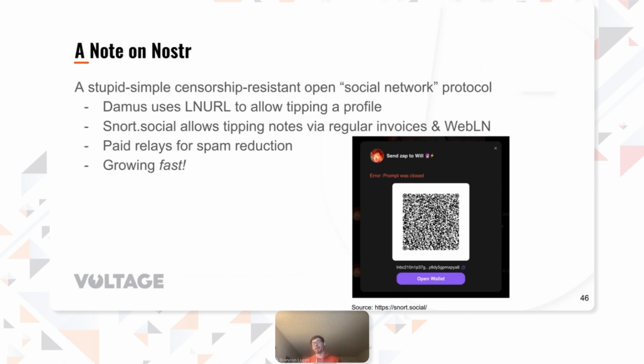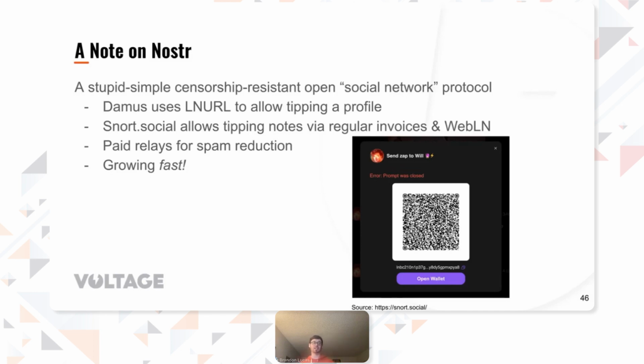And because it was built by a Bitcoiner, and it was initially released into the Bitcoin community, it's mostly Bitcoiners right now who are on it and using it and building with it, right? So micropayments are kind of a first-class concept on a lot of these clients.